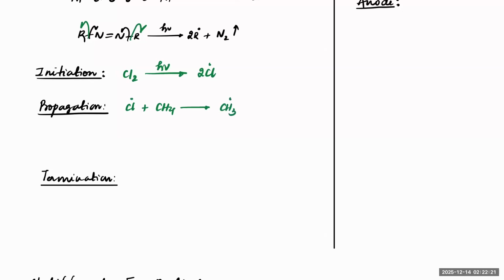So first it will become CH3 dot and HCl. So here this Cl dot and H dot will convert into HCl, and this carbon will convert into CH3 dot. And then we have CH3 dot plus HCl.